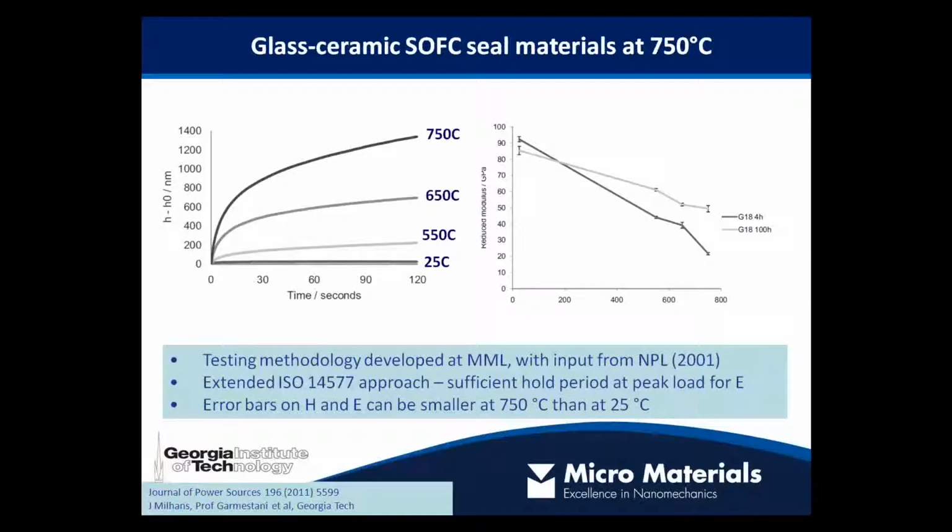So another very high temperature application, this is a 750 degrees C application, is looking at materials for seals for solid oxide fuel cells, and in actual fact this is a glass ceramic material. Now these devices operate at elevated temperature, and they are operating for quite some time, and they have some mechanical load on them.